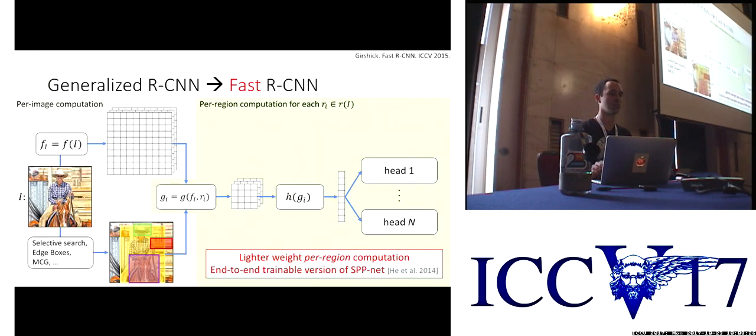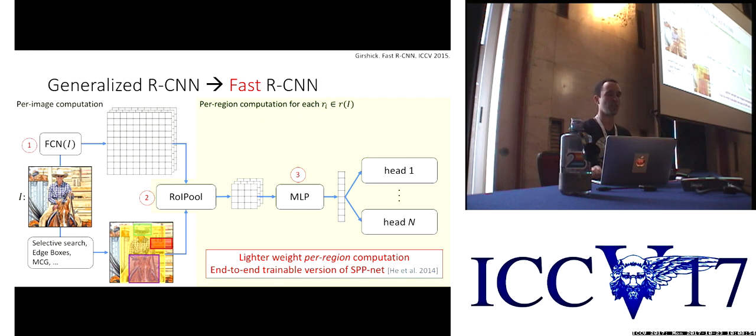Okay, so with that view in mind, let's take a look at how Fast RCNN is instantiated in this framework. The first step is that this function that transforms the image into some representation is going to be a fully convolutional network. The second part is that there's going to be this region of interest pooling operation, which is going to extract out region-specific features from this full image feature representation.